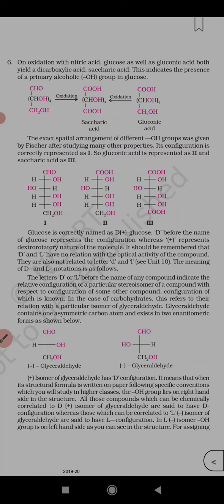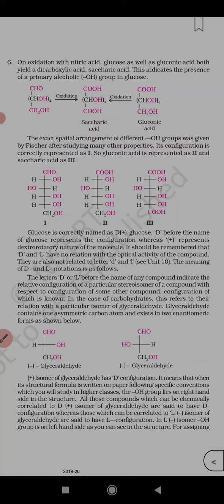So OH right means capital D, OH left means L. The plus isomer of glyceraldehyde has capital D configuration.